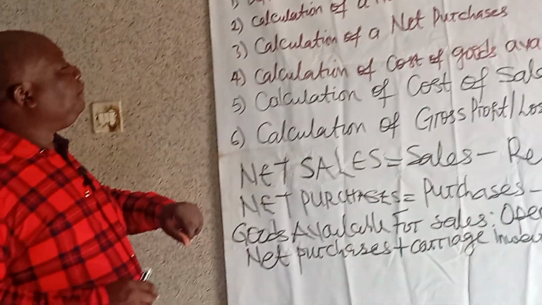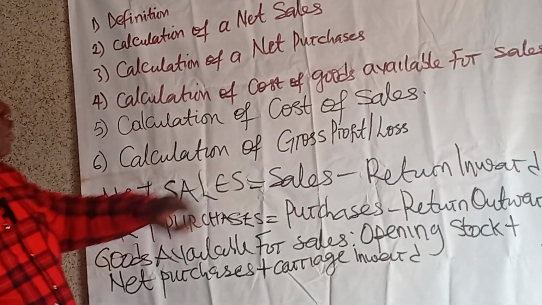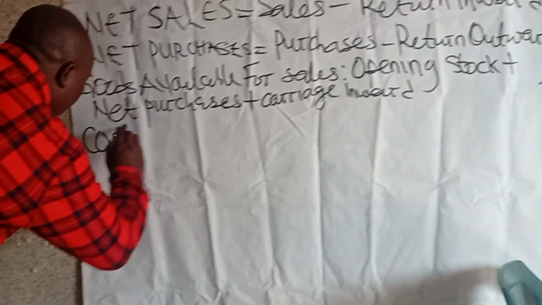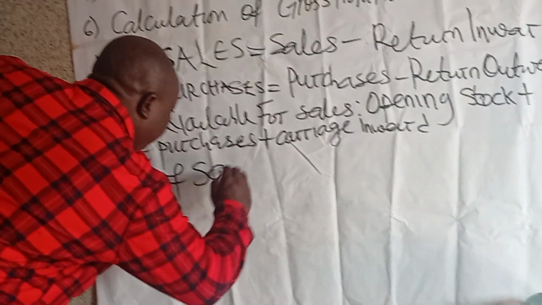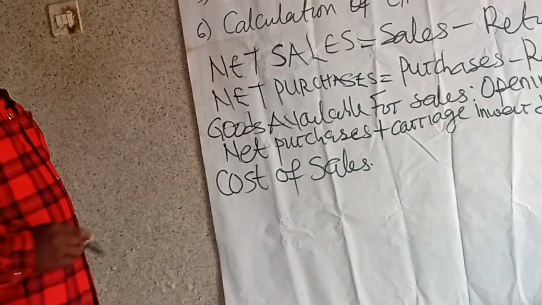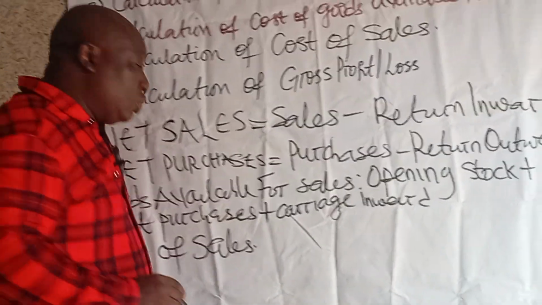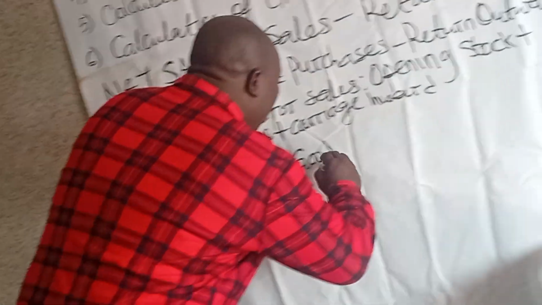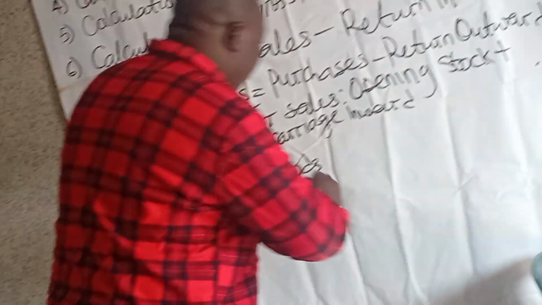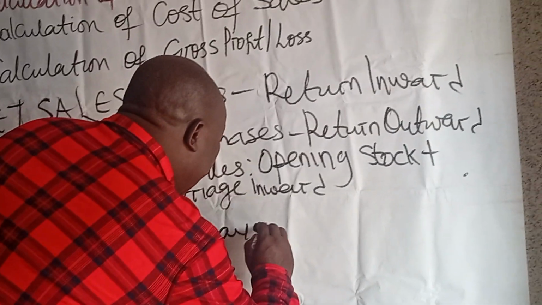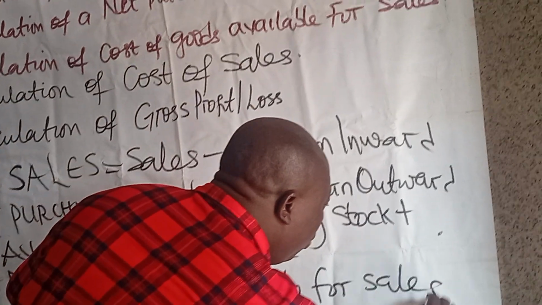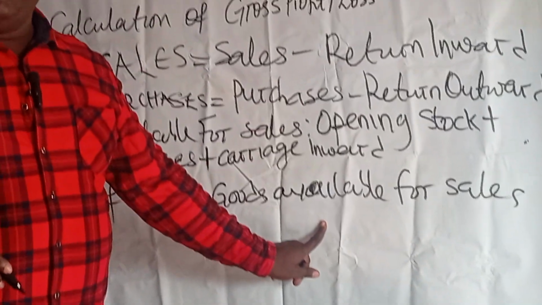So the next one is calculation of cost of sales. How do we calculate cost of sales? Once you have gotten your cost of goods available for sales, what do you need to do?